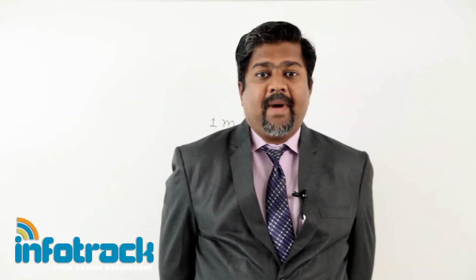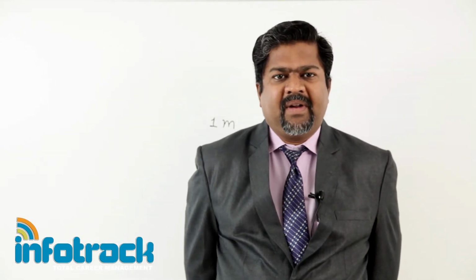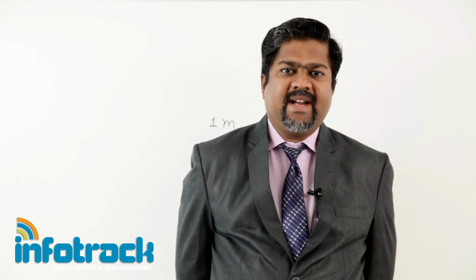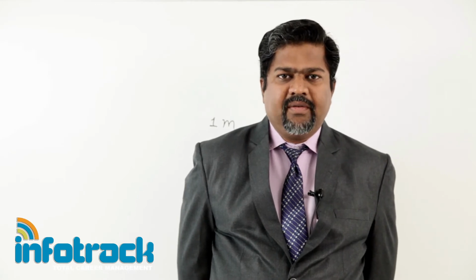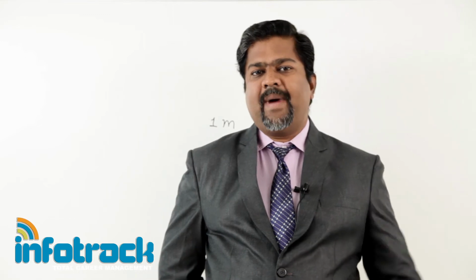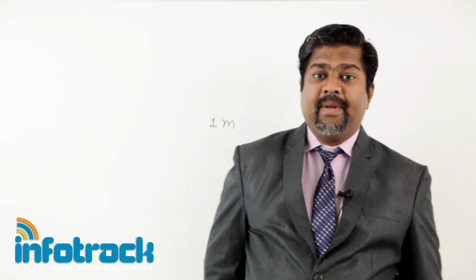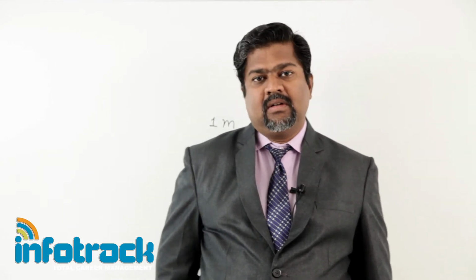Every time it is not 1 angstrom, but generally we consider it at the level of 10 raised to minus 10 meter. So every time I have to use a prefix like 10 raised to minus 10 meter. It is not convenient. Say for example, the distance between the sun and the earth.